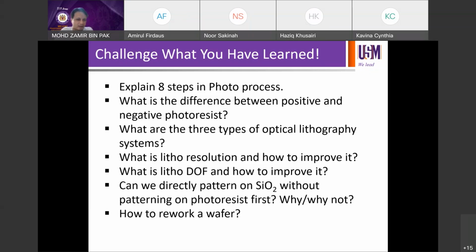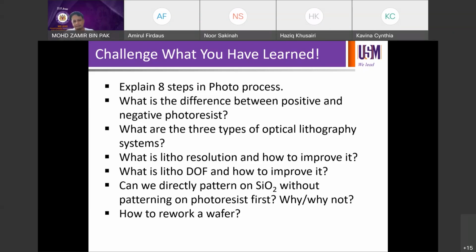Right, what are the three types of optical lithography system? Anyone? Let's recap for 5-10 minutes and then we continue with the second part. The first one is contact printing.